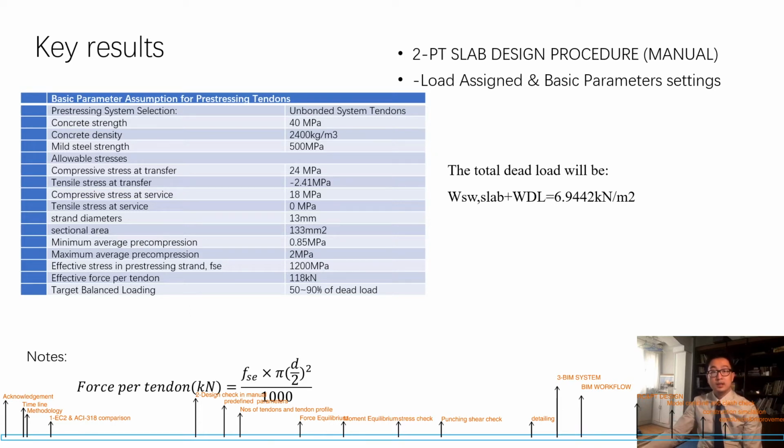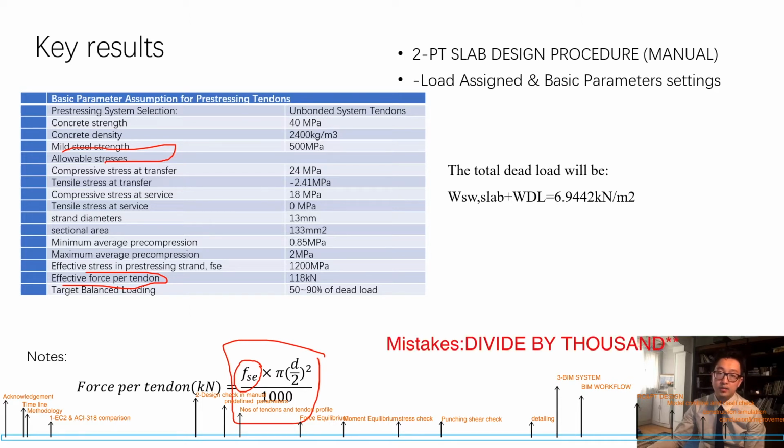We can see that there's the allowable stress definition, also the effective force per tendon. For the effective force per tendon, this is the calculation: we use the effective stressing pre-stressing strand stress times the cross-sectional area of one strand, then divide by 100.